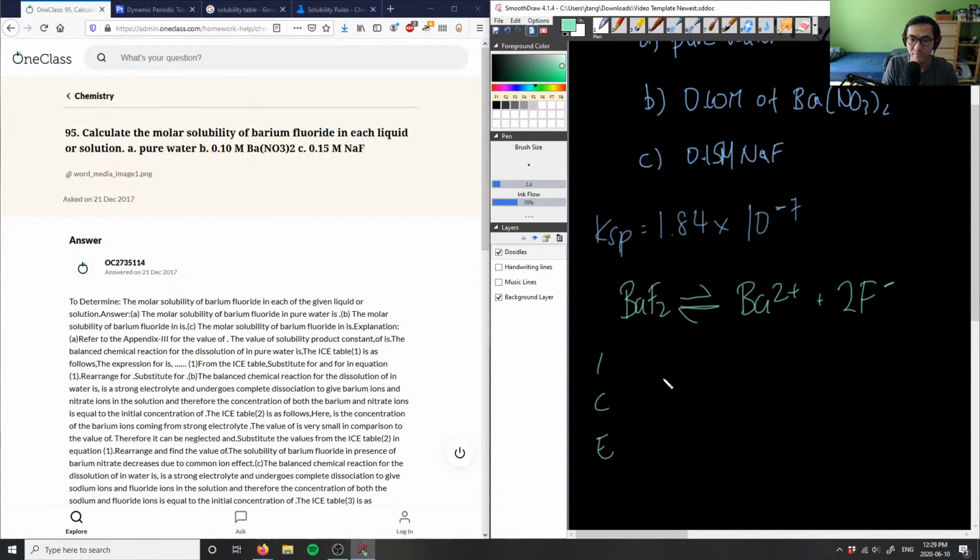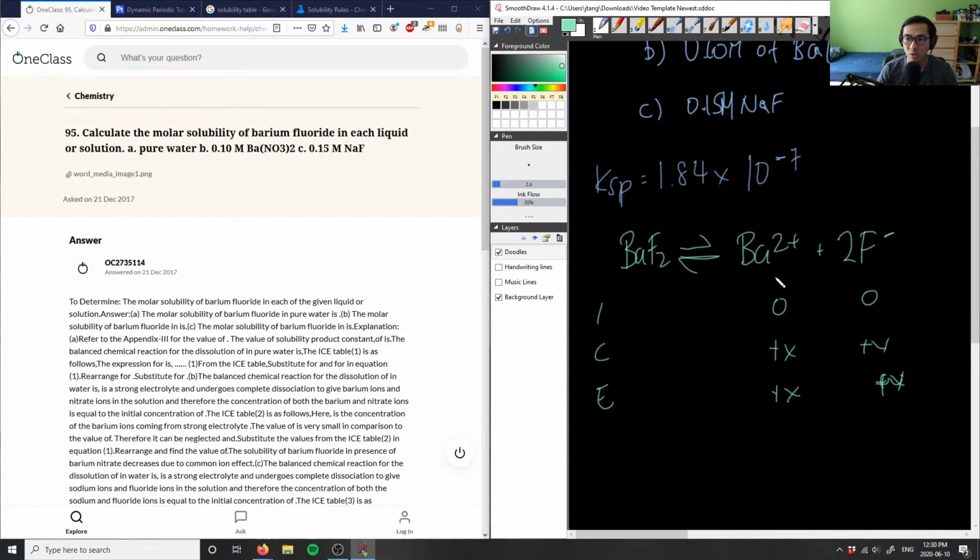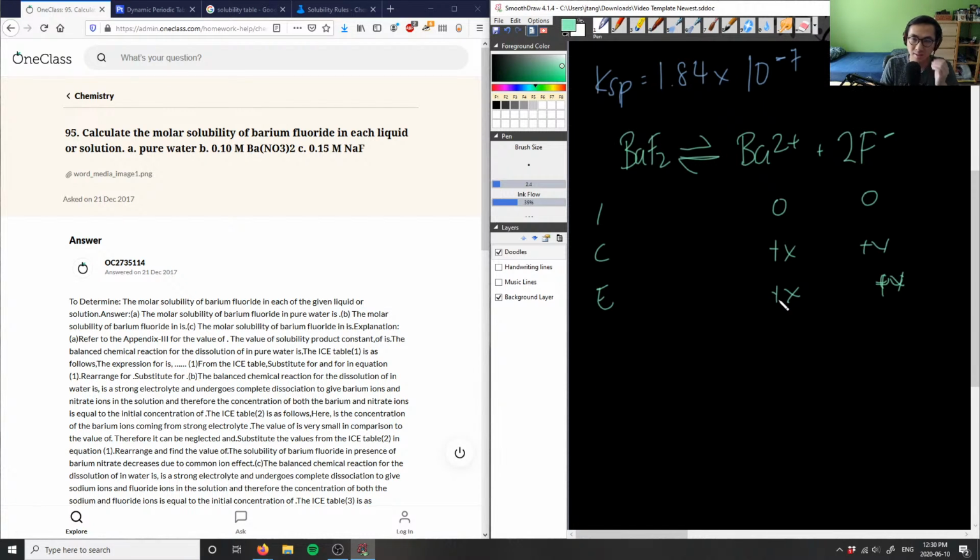We're not given our initial concentration, but we know we start with 0 and 0 for the products. We can calculate the molar solubility because we're given our KSP value. So KSP is equal to the concentration of Ba2+ times F minus to the power of 2, because we have a coefficient of 2 here.